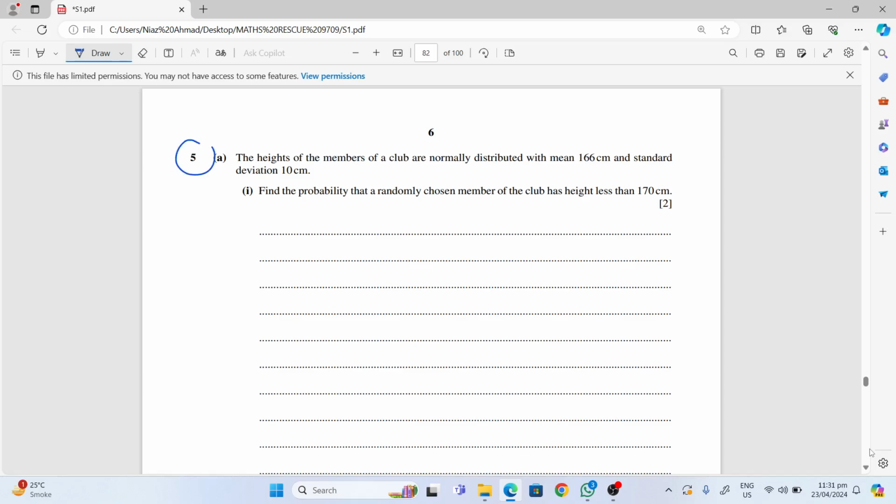Question number 5. Find the probability that a randomly chosen member has less than 170. So you are supposed to get the probability when x is less than 170. It means I'm going to get my probability when z is less than 170 minus 166 divided by 10.